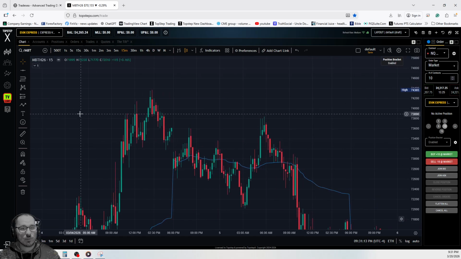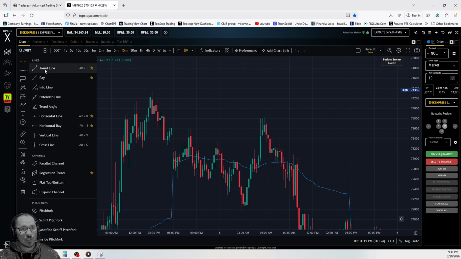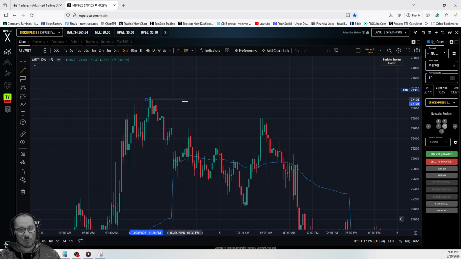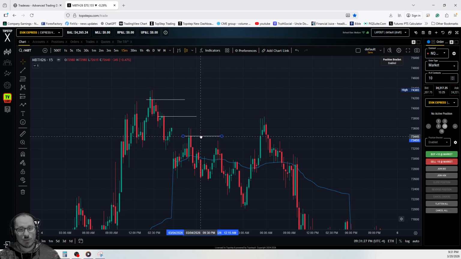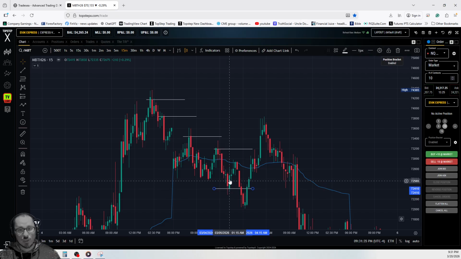If this was a big push candle down, I'm looking for that. Where's the next one? A big push down. Where's the next one? A big push down. Where's the next one? Big push down. And then suddenly at the bottom, what do you have? You have strong buys, right?